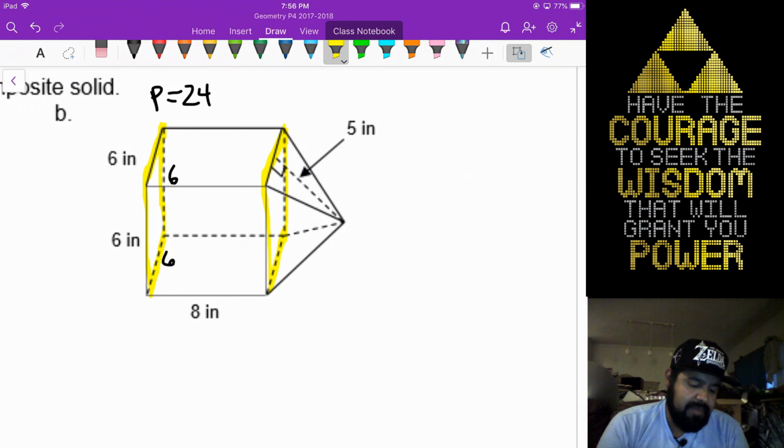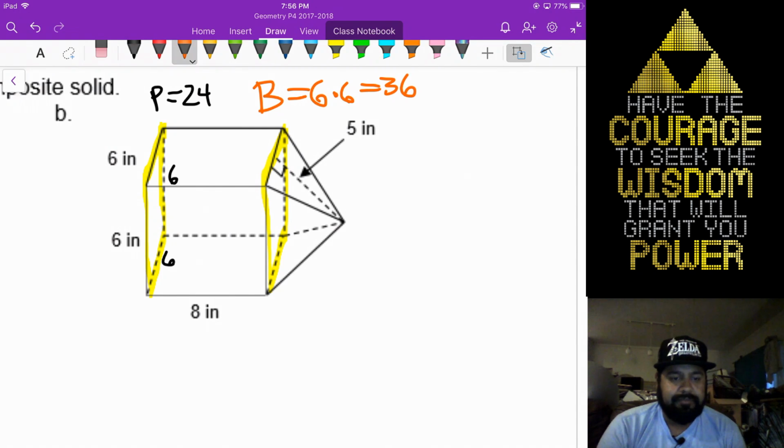All right, so there's my perimeter, and my area of my base, Adam. Remember, it's a square, so that's 6 times 6, which is 36. You're welcome, Rough McGruff. For my surface area, you have to remember that I don't have that face because it's covered by both the pyramid and the prism.